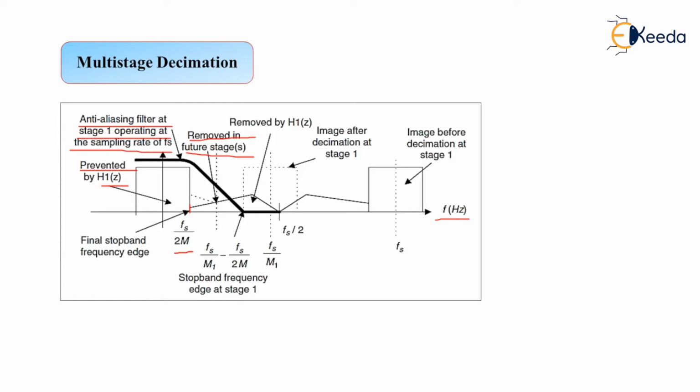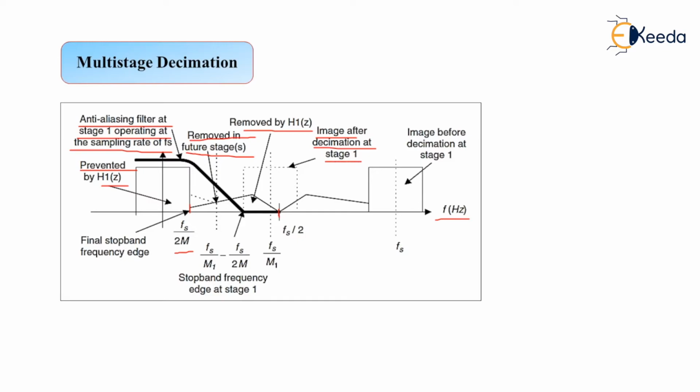If you see the markings here, this is the final stop band frequency range, denoted with fs divided by twice M. And at this particular point we have fs divided by 2, so this particular portion has been removed by H1 of z.